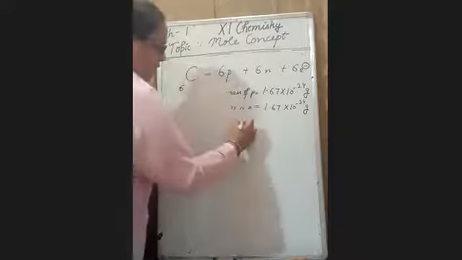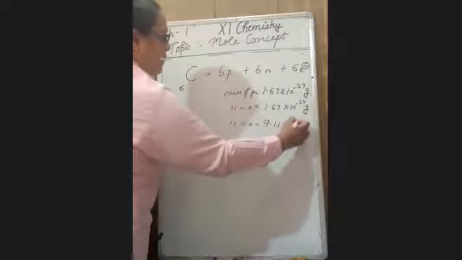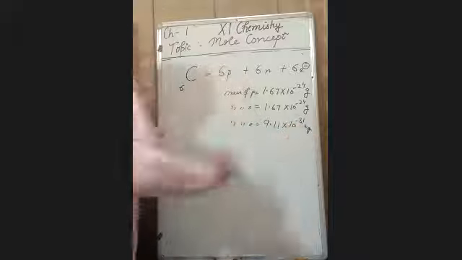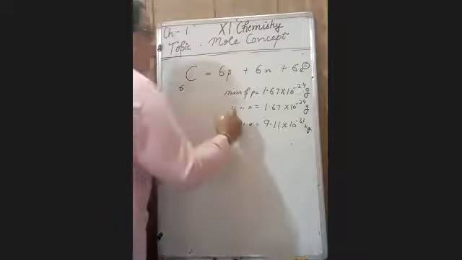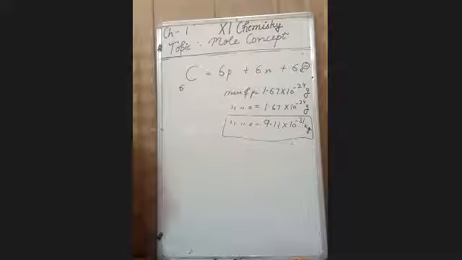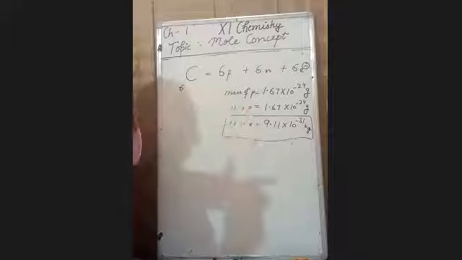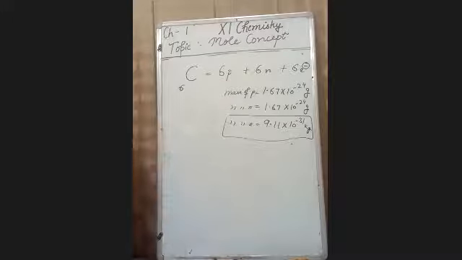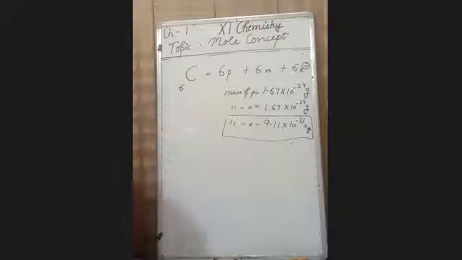The mass of electron is 9.11 into 10 raised to power minus 31 kg or minus 28 gram. If you see, the mass of electron is very small in comparison to the mass of proton and neutron. So generally the mass of any atom is due to the presence of protons and neutrons in it.